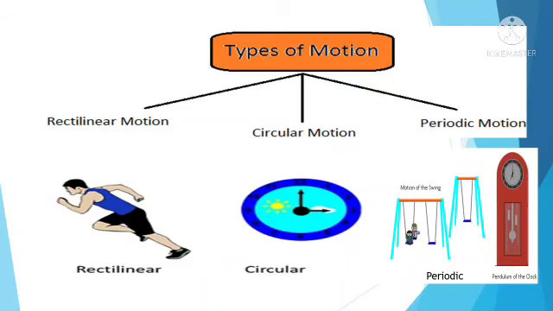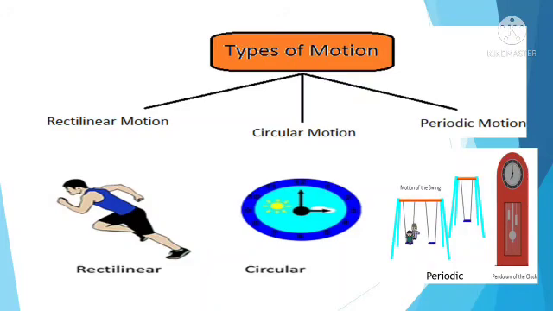Second is circular motion. When an object moves in a circular way, that motion is circular motion. Examples are the motion of your fan, the motion of a clock, etc. Third is periodic motion. If a motion repeats itself after equal intervals of time, it is called periodic motion.